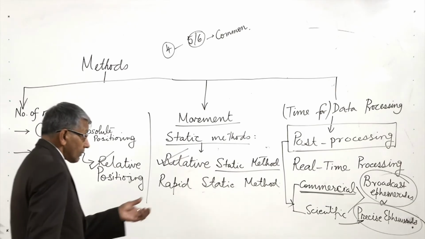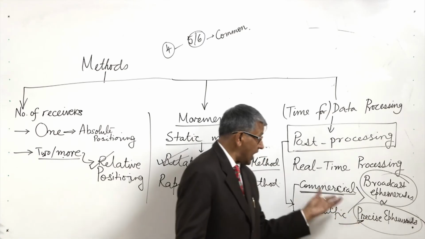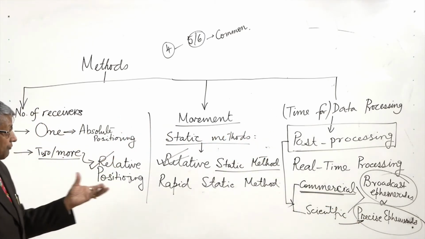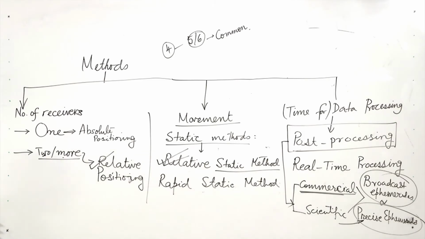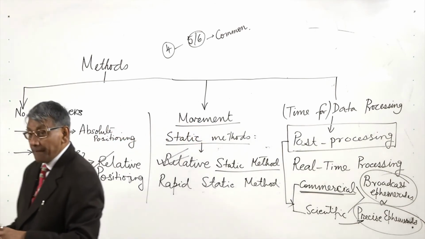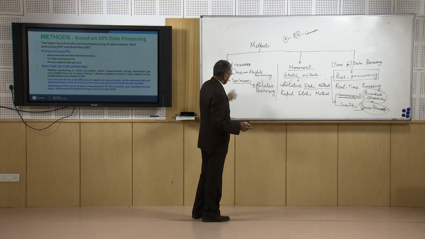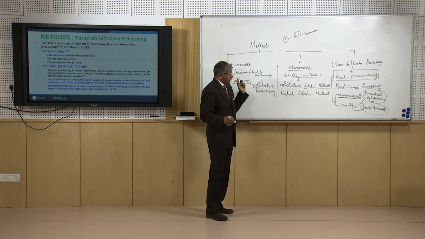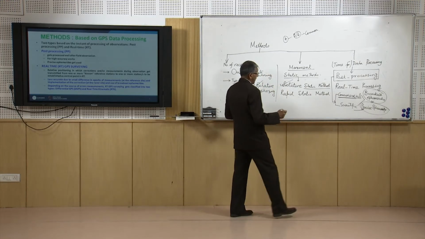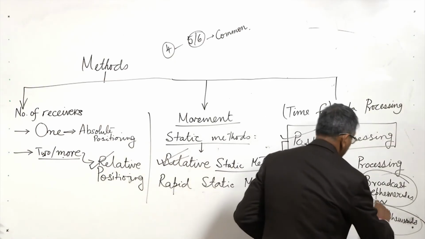Now, whether it is broadcast or precise ephemerides, both can be used either in commercial software or in scientific software. If we want to go for very accurate work, again scientific software has to be used. So if we really want very accurate control point establishment, we should go for post processing with scientific software using precise ephemerides.